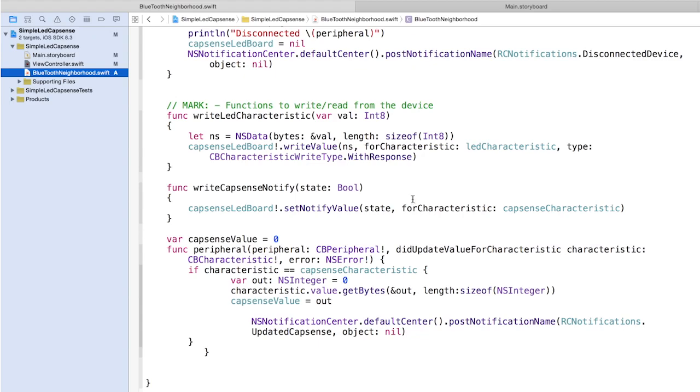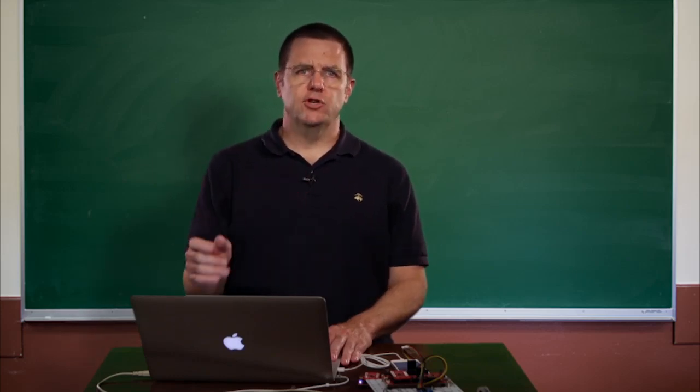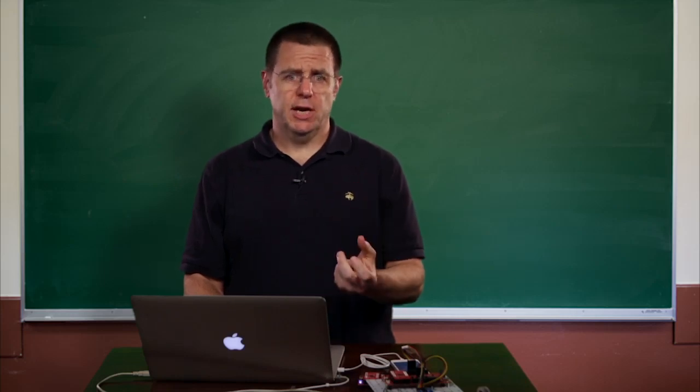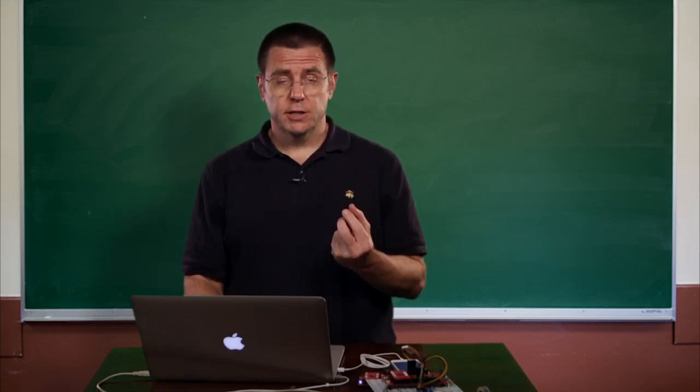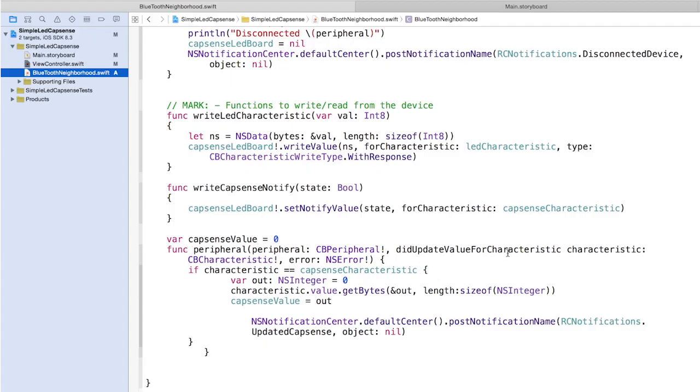What happens then is the CapSense LED board that we built will start sending out changes. The iPhone hears those changes because it's connected, and when it hears the change, it calls this function peripheral didUpdateValueForCharacteristic. So when that happens, you look and see which characteristic changed. In this case, we were interested in the CapSense characteristic.